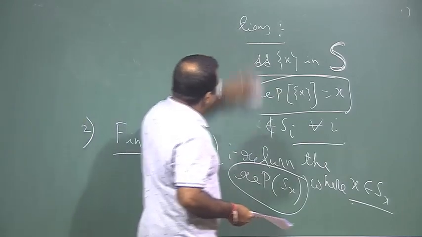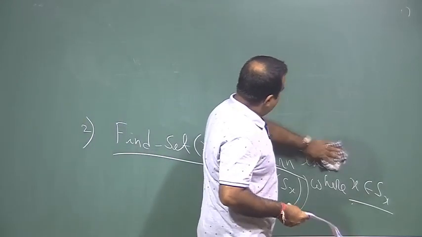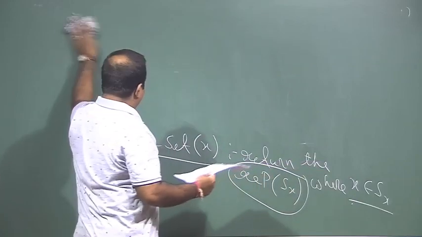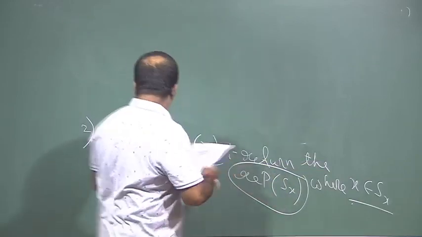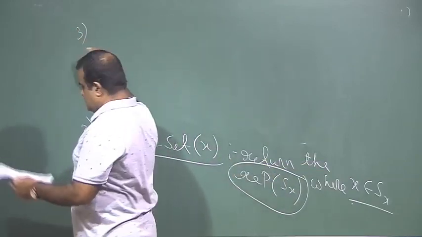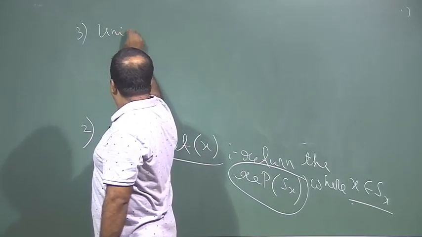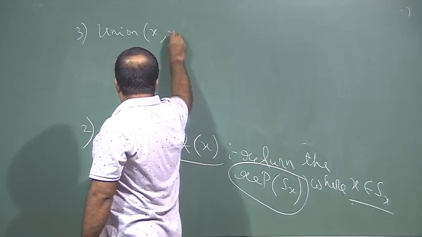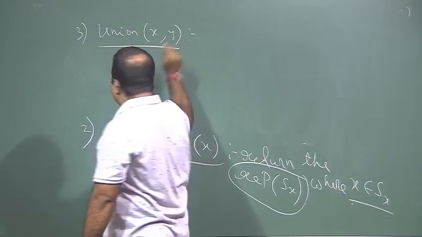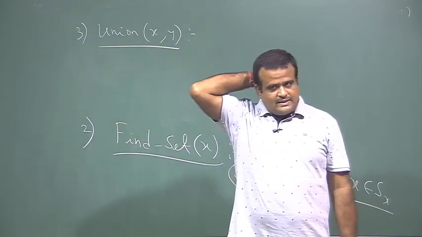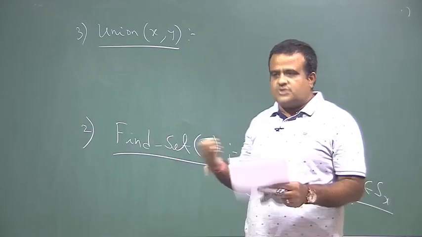So we want to merge two sets, this is called the union operation. We are given two elements and these two elements belong to two sets.